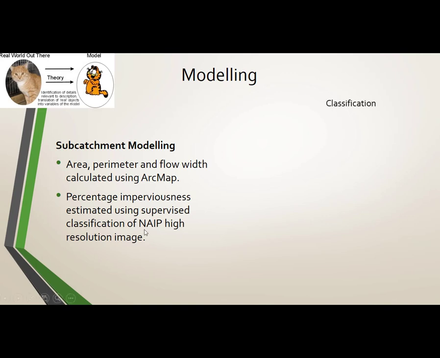So we have seen in the previous slide that we divided the whole area into 22 subcatchments, and then the area, perimeter, and flow width of these subcatchments were calculated using ArcMap, which is GIS software. We also calculated the percentage imperviousness of each of the subcatchments using supervised classification and NAIP high resolution imagery, which stands for National Agriculture Imagery Program and has a resolution of 1 meter.